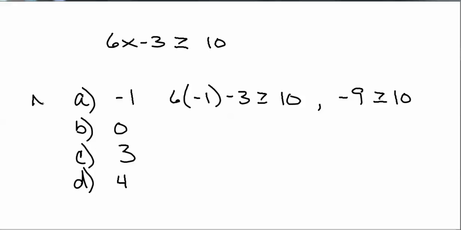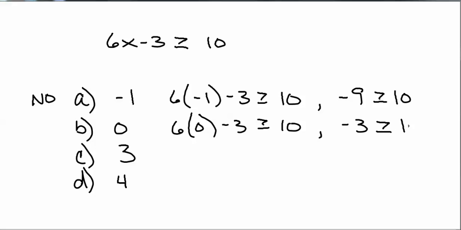No. Negative's probably not going to work unless the 6 was negative, because a negative times a negative would be a positive. But it's not. How about 6 times 0 minus 3? Is that greater than or equal to 10? No, because 6 times 0 is 0. Minus 3. Negative 3 is not greater than or equal to 10. So that's a no.